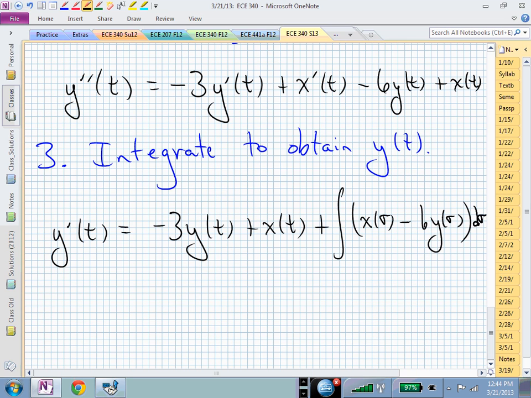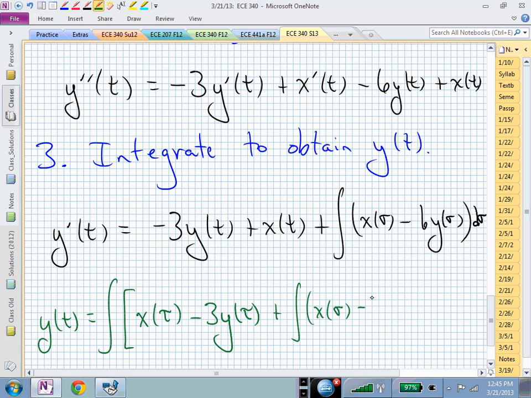And to do that, what I want to do is actually nest these integrals, meaning now I have an integral with a square bracket, and I'll say I have x of tau minus 3y of tau, and I still have to integrate this other piece, so that's still inside this integral, plus the integral of x of sigma minus 6y of sigma d sigma.